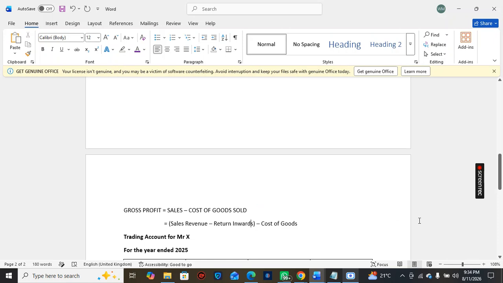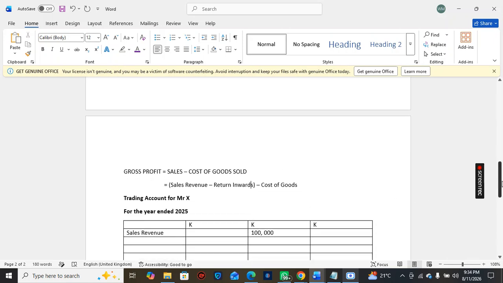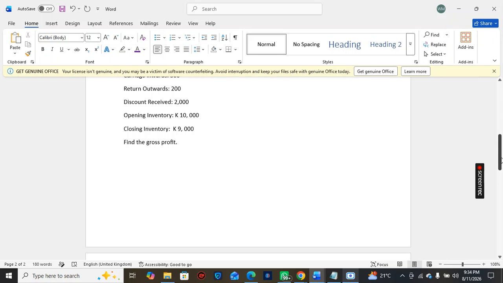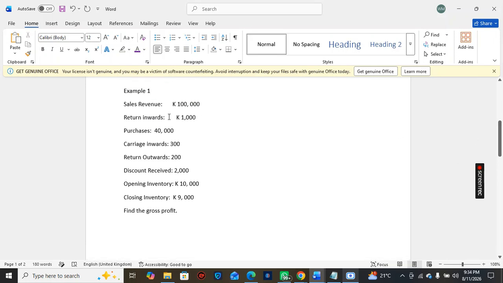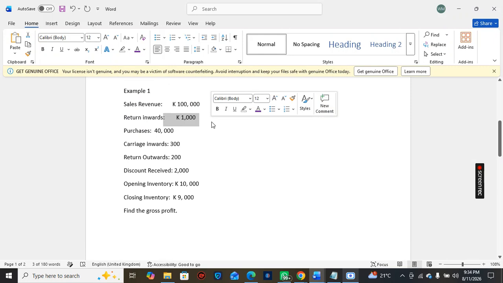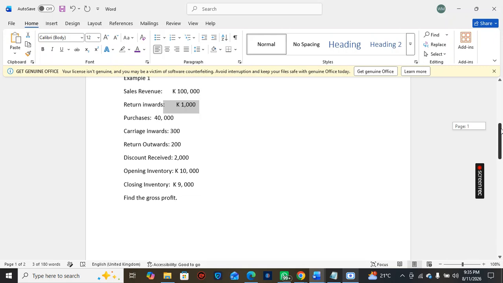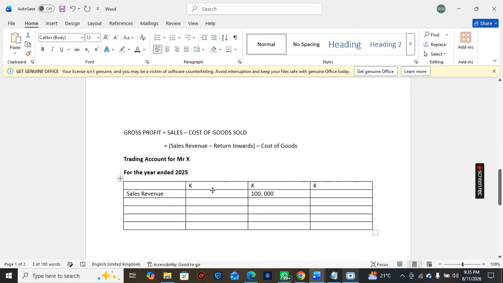In our question, customers brought back cement worth 1,000 kwacha. We sold some cement to customers, they probably found it was damaged, so they returned it. So you say less return inwards. Usually in financial statements, if you want to show that you're subtracting, you can put it in brackets.